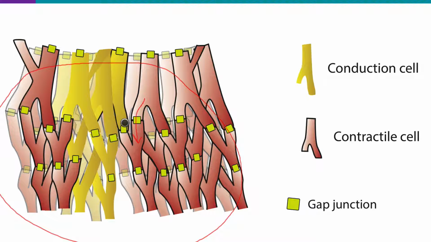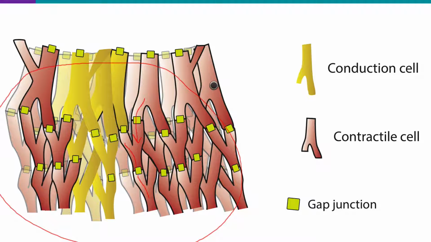It also means that the conduction cells are only connected with the minority of all the cells in the heart. But that's not a problem, because the electrical impulse can spread from contractile cells to contractile cells via these gap junctions.